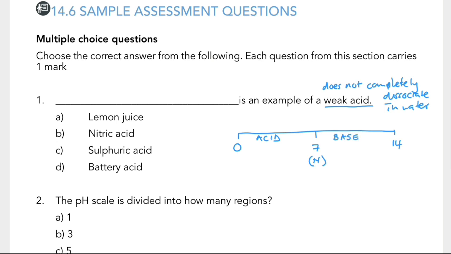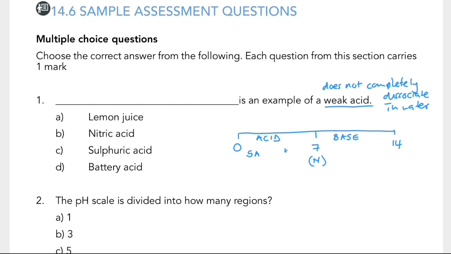Is that okay? Acids are much stronger starting from 0 up to around 3. So here we have strong acids, and then as we get close to the neutral point, which is 7, the acids become weaker. In other words, they do not completely dissociate or ionize in water.